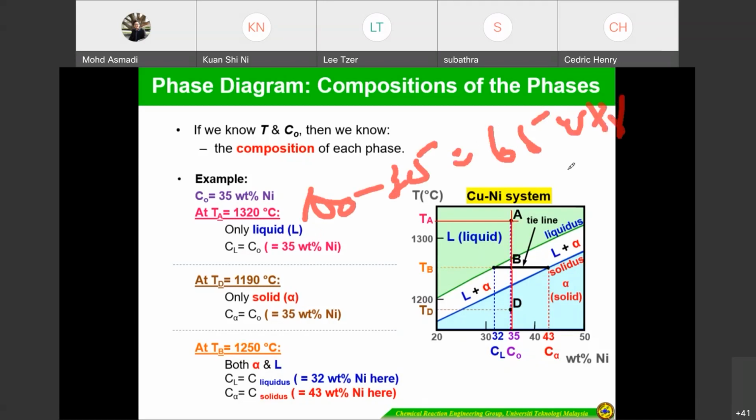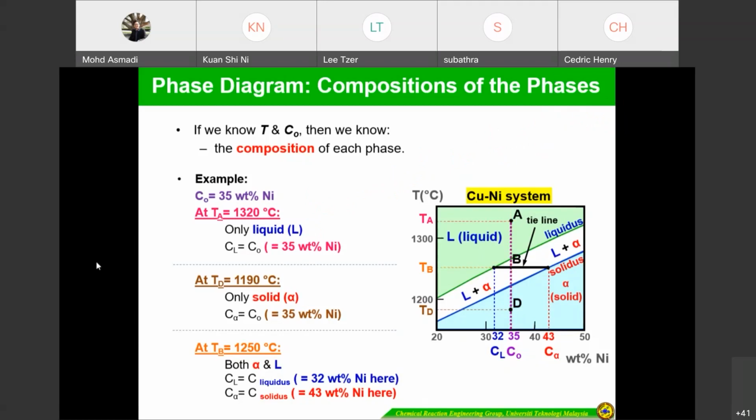How about at 1190? Here at 1190, point TD, it is 100% solid.